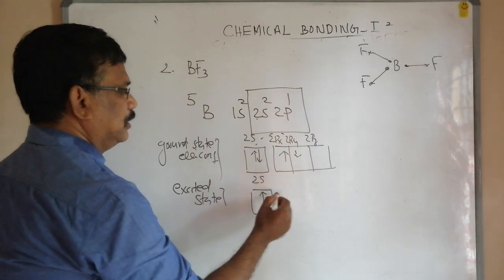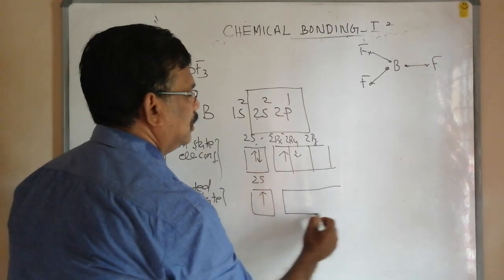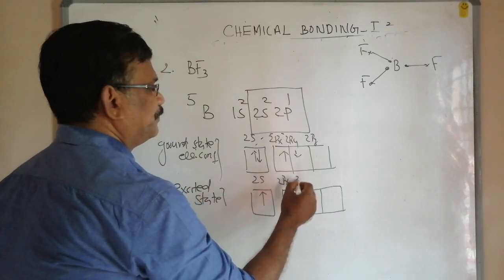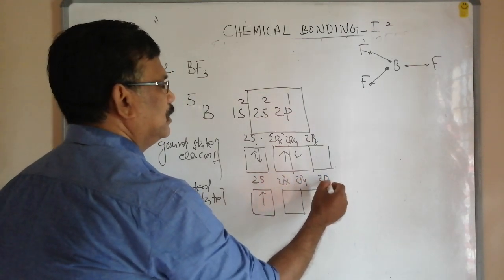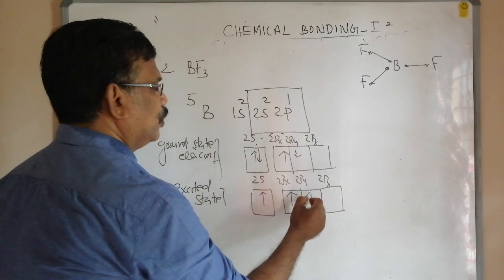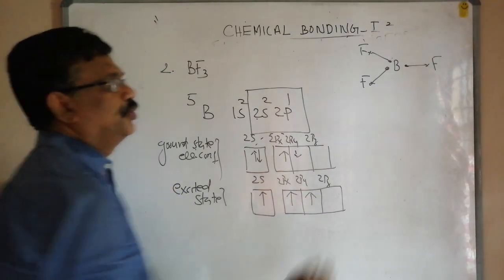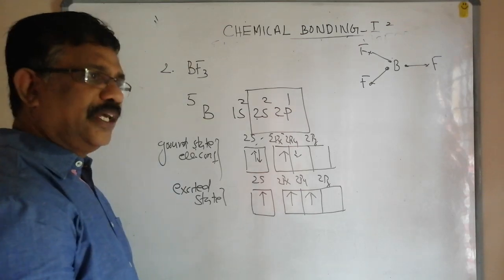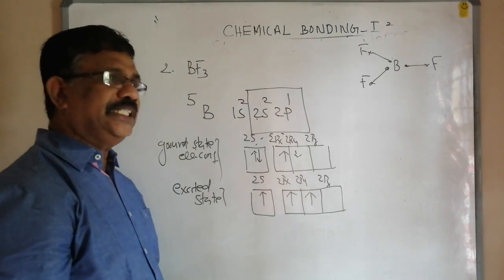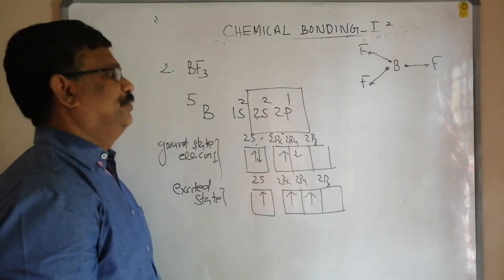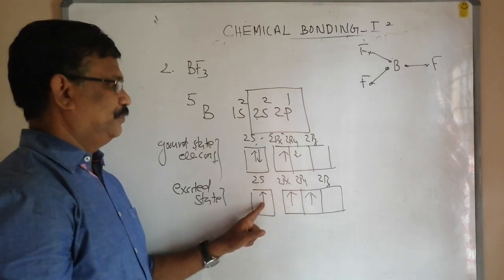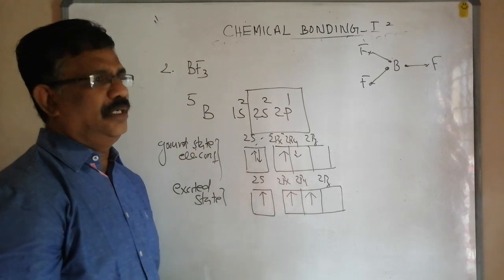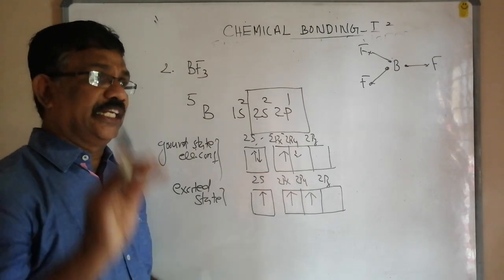2s1, 2px, 2py, 2pz: so 3 electrons in boron. To make identical bonds, boron undergoes hybridization, because this is an s orbital, and these are p orbitals, with different shapes and slightly different energies.